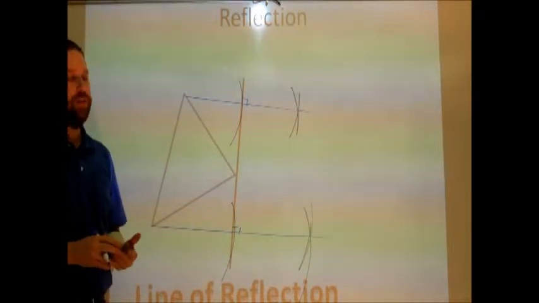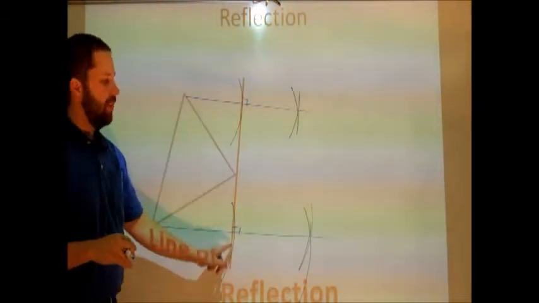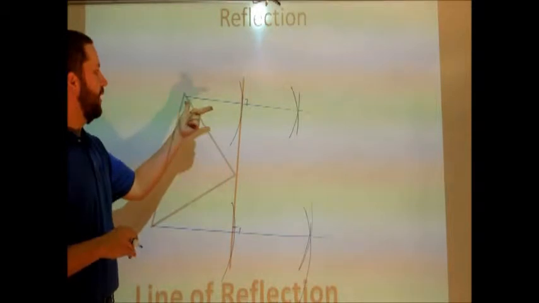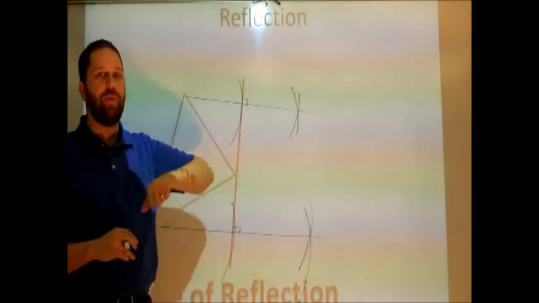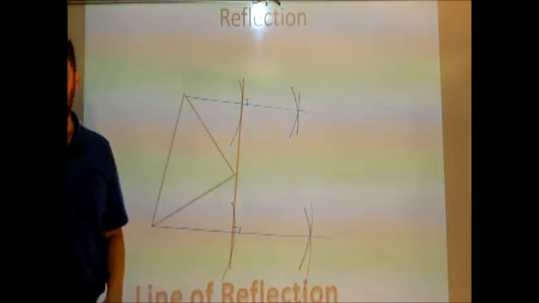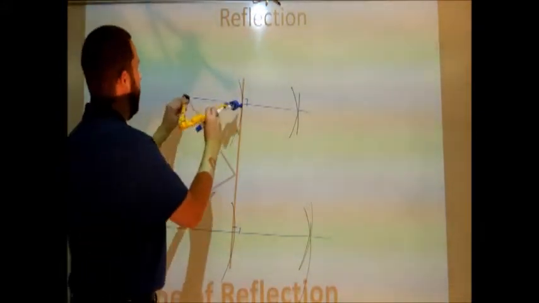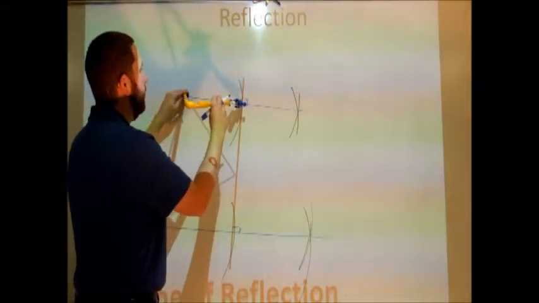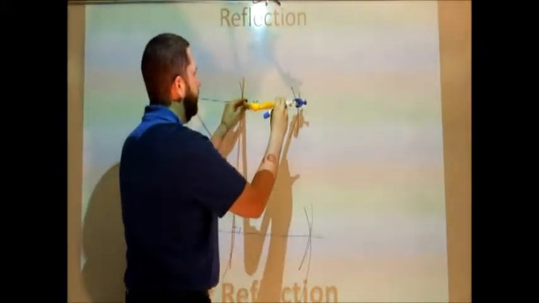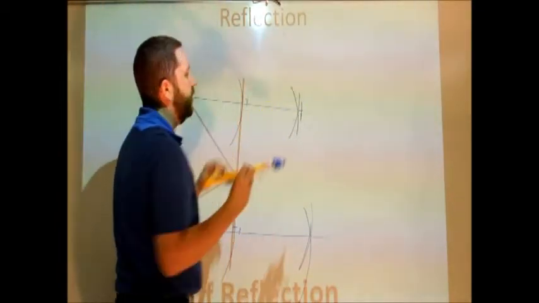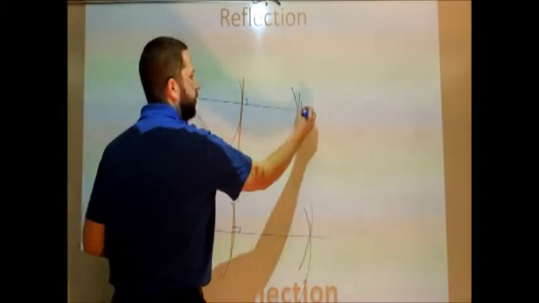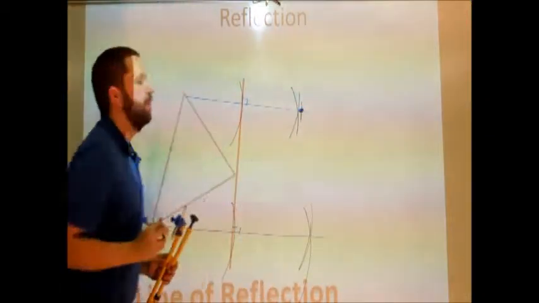The next thing I need to do is that this line of reflection is going to be the perpendicular bisector of this line right here. So if it's a perpendicular bisector, I need to measure how far it is from the point to the line of reflection, and then mark that same distance out there and call that my new point.